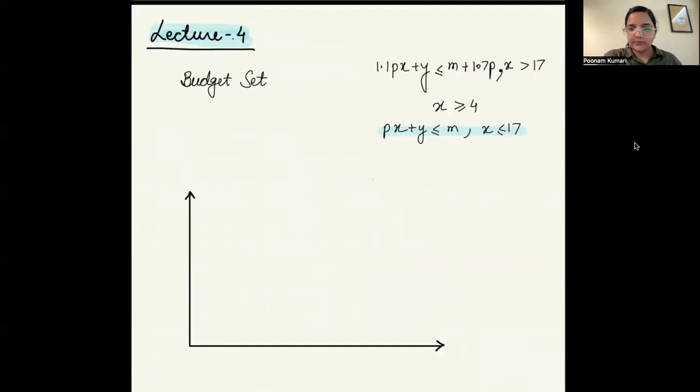Px plus y is equal to m. So what will I do? So this is my first thing. Yes, but I'm giving you how to draw it in general. Once you know how to do it in general, you can do the assumed case as well, right?